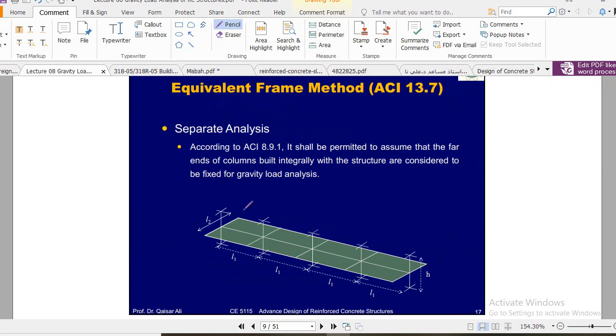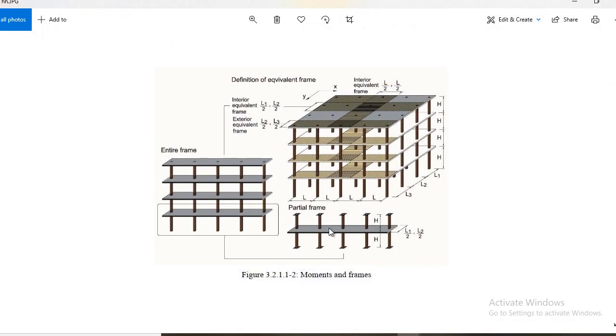This is the section. Basically, we will consider one section like here, and we assume that the columns are fixed at the mid portion of this story, and similarly half of the column of the ground story, and the far ends of the columns will be fixed.